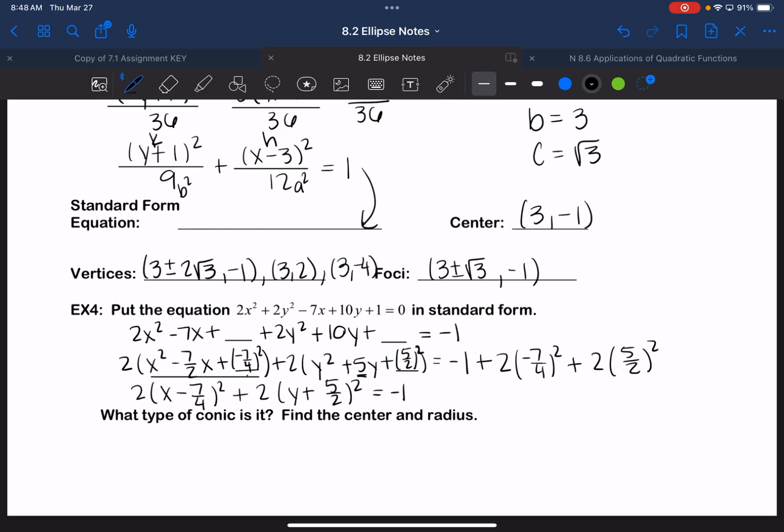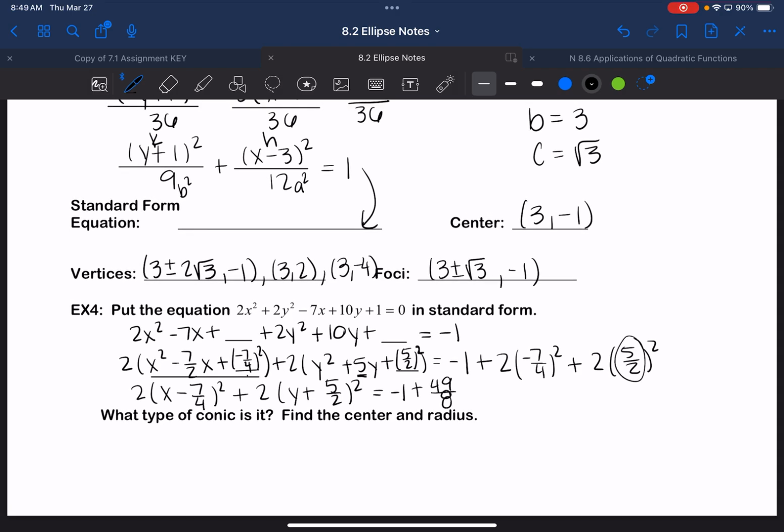Okay, if I square this term, it would become positive 49 over 16, right? But if I multiply it by 2, I could really simplify by 2, so it would become 49 over 8, right? So I'd have plus 49 over 8.